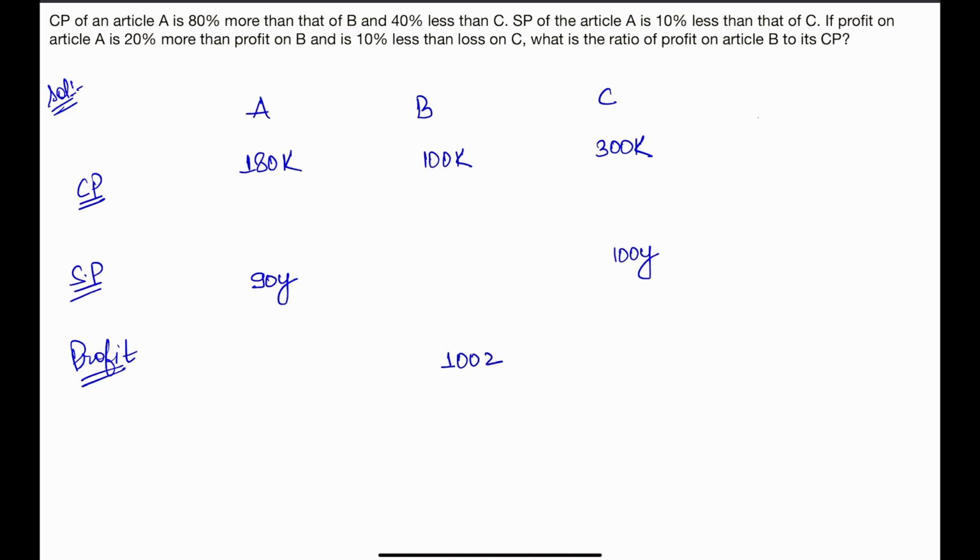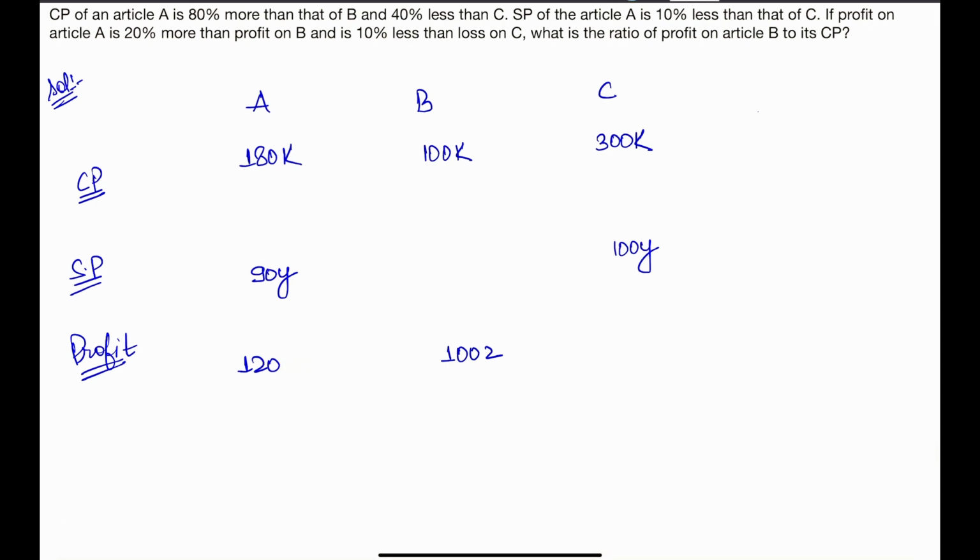So profit on A is 120z, and 10% less than the profit on C. Profit is 20% more than B and is 10% less than C. So this Z, let's take A instead of Z.